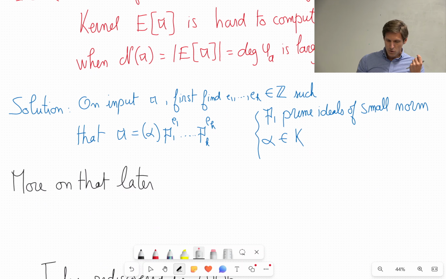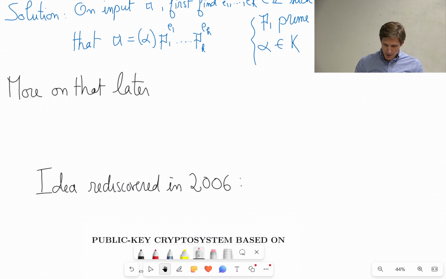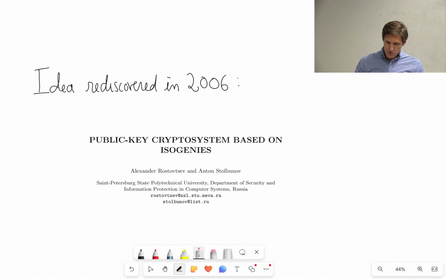I'll say more on that later because, at the time, these issues on the efficiency of those kinds of crypto systems were absolutely not solved. Those calculations were horrendous, and it was more of a theoretical idea, but it really wasn't practical at all. Like I said, that idea was rediscovered in 2006, which is what prompted Jean-Marc Couveignes to put up a preprint on the ePrint.